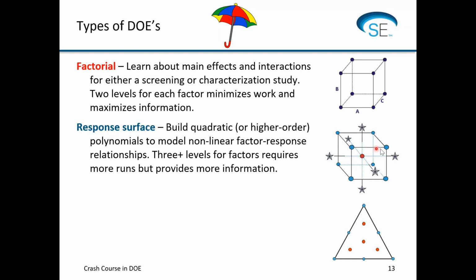We would take the cube again that we saw in the factorial, but now we would add some center points, and we would add these axial points in order to fit more complicated terms than can be fit with just the 2-level high-low evaluation.